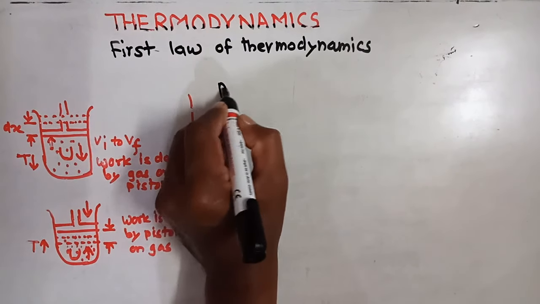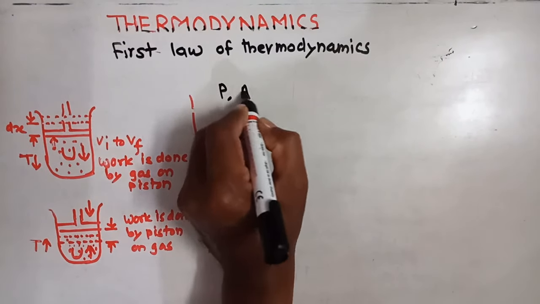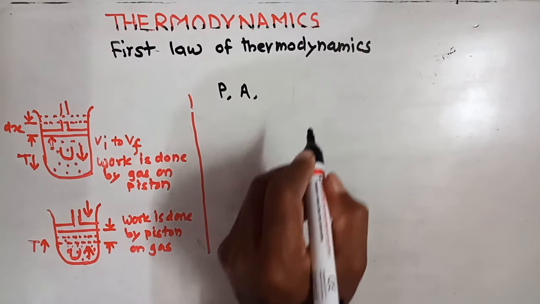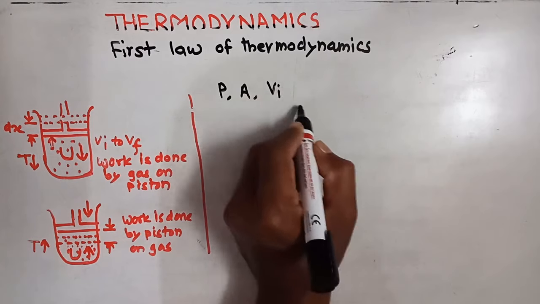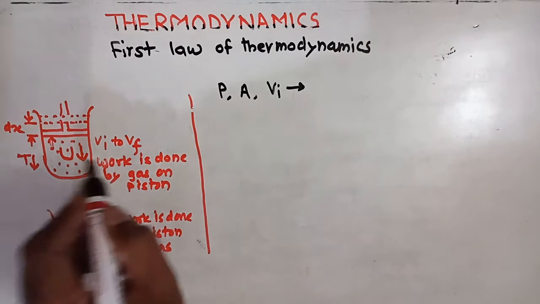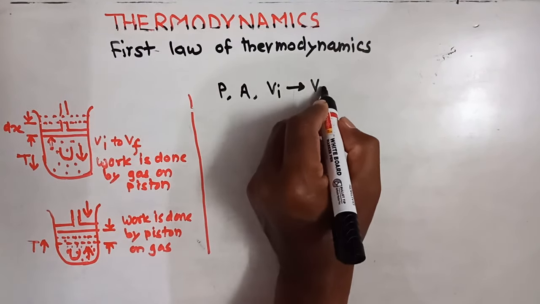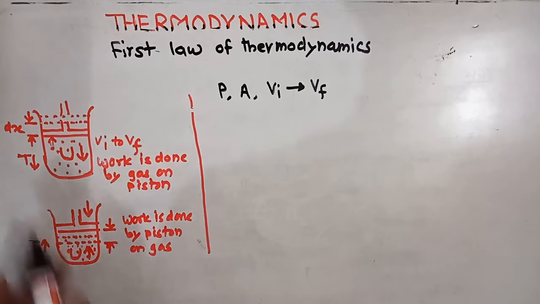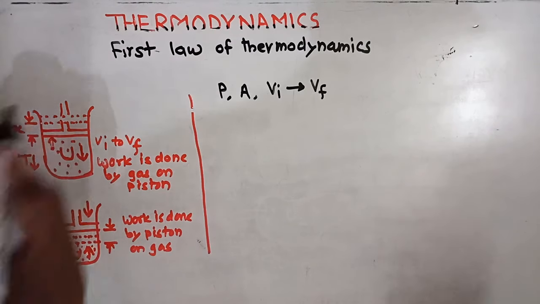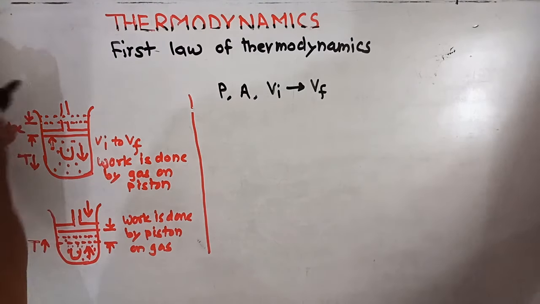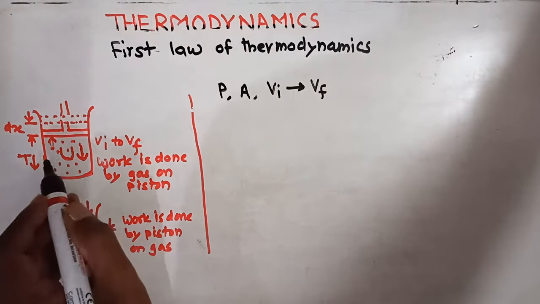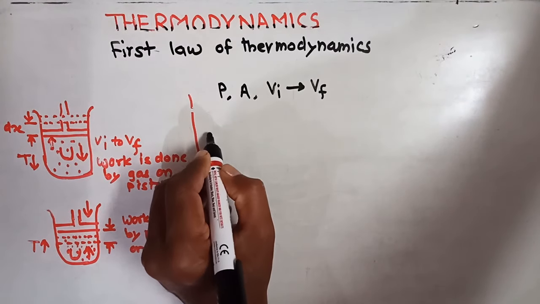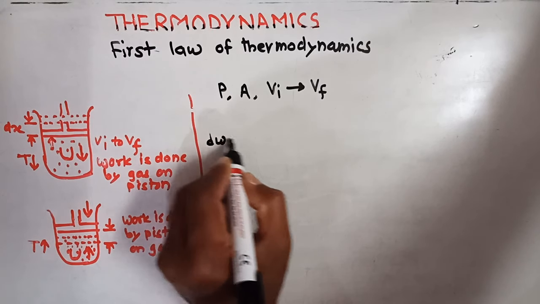Suppose P be the pressure of gas, A be the area of cross section of the piston, Vi be the initial volume of the gas, and the volume is changed from Vi to Vf when this piston is moved in upward direction. In this case, some work is done. Suppose the work done is dW.